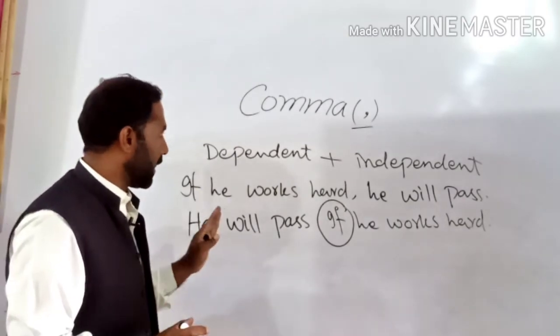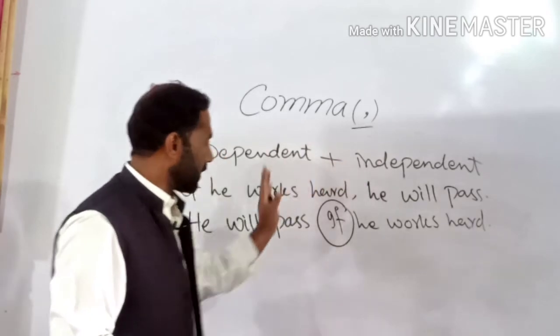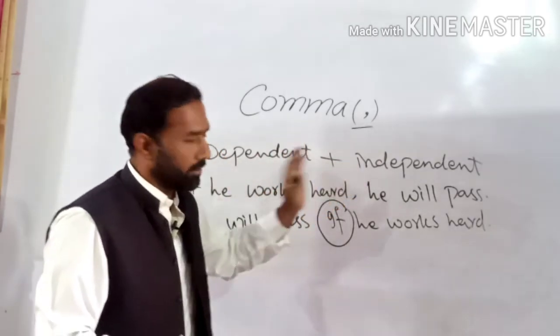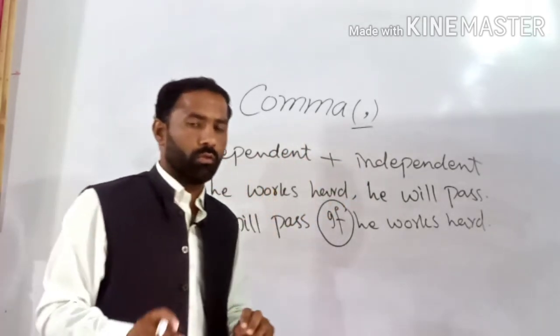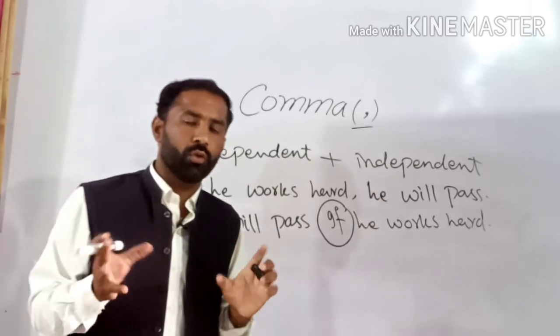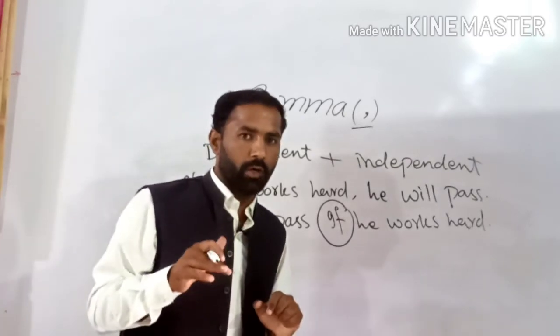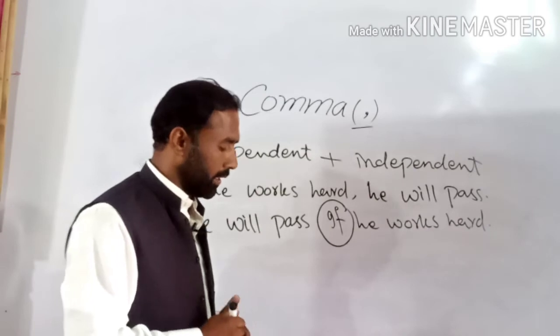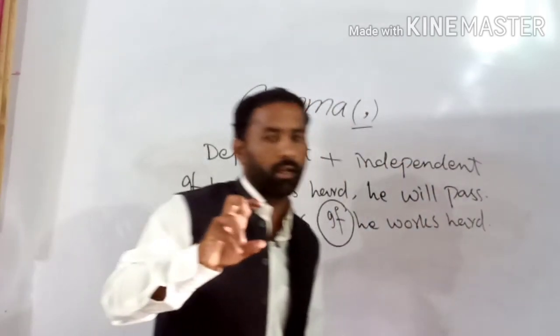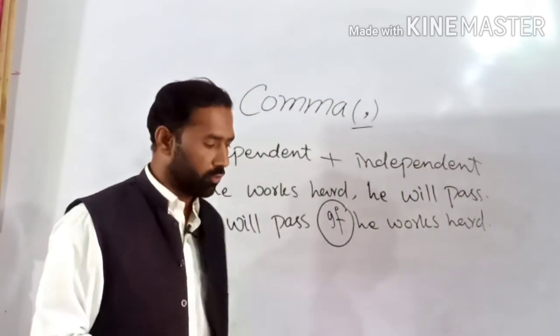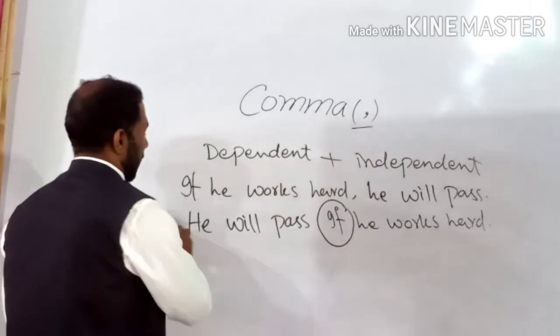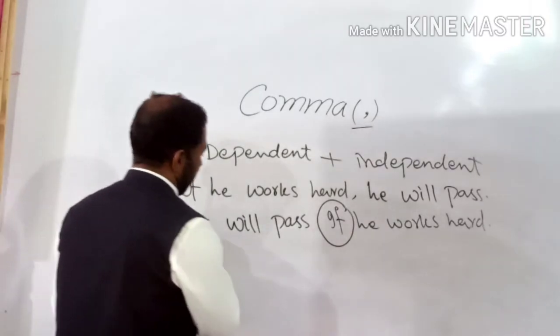So we can say that if we write the independent clause first and the dependent clause later, that time we would not use the comma. If we are writing two independent clauses in a sentence, that time we would use a comma. So let's see an example here.